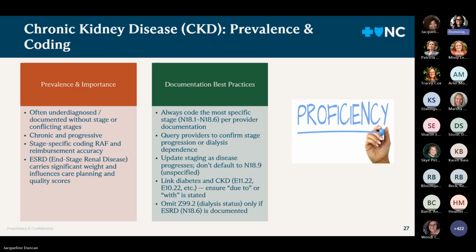When diabetes contributes to CKD, ensure documentation clearly links the conditions using phrases such as due to or with, supporting combination codes like E11.22 or E10.22. Finally, always clarify unclear or conflicting documentation, whether related to staging, dialysis status, or progression from CKD stage 5 to ESRD, so the coded record accurately reflects the patient's current clinical picture.